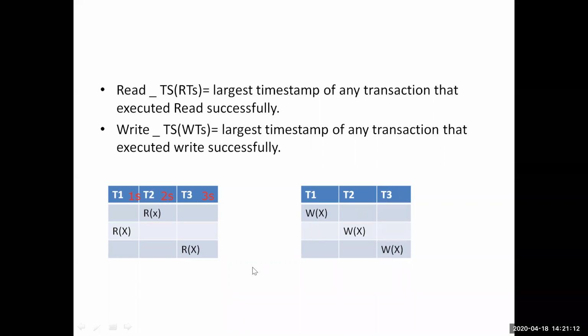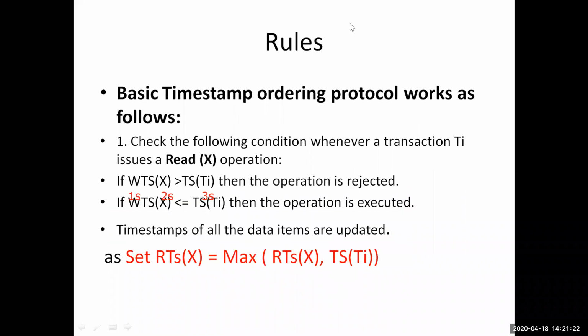Now, next we need to understand a few rules when we are performing a timestamp ordering protocol. The first rule is on the read and the second rule is on the write. Now what we have learned, the conflicting and non-conflicting pair in the serializability. For read, we know the conflicting pair is only write. So whenever we are performing read operation in any of the transactions, we need to check only one condition, that is write condition.